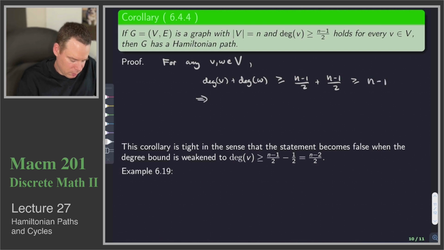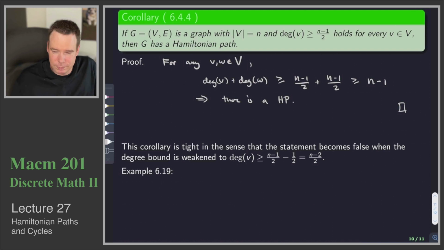And so that implies there is a Hamilton path by the previous theorem. And so this is a nice result that says if the degree of every vertex is big enough, then there must be a Hamilton path.